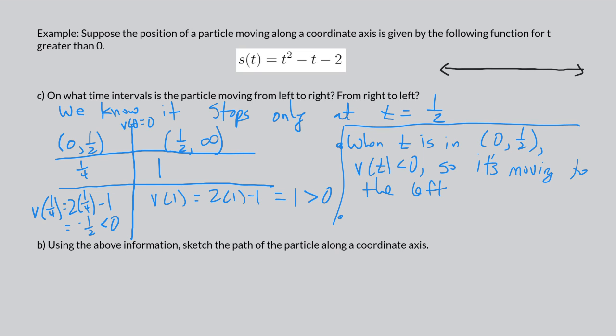And similarly, when t is in 1/2 to infinity, the velocity is positive, so it's moving to the right.